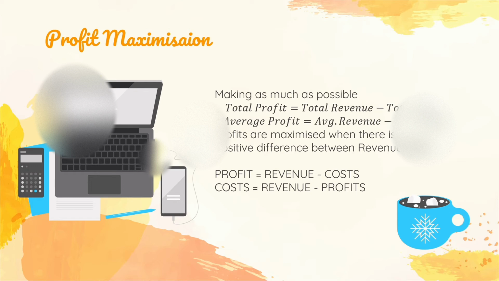But when your revenue increases to $20 and your cost falls to, for example, $3, you have a profit of $17. So you have achieved profit maximization. You have achieved that objective.